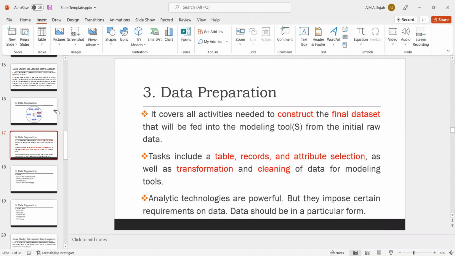Those specific attributes we can call the final data set. Sometimes we have some missing values, so we need to remove those missing values. Sometimes we fill the missing values with the mean or median. Sometimes we can use mode values, if it's nominal data. If it's numeric data, we can fill with mean or median values. It depends on what type of data we are collecting.